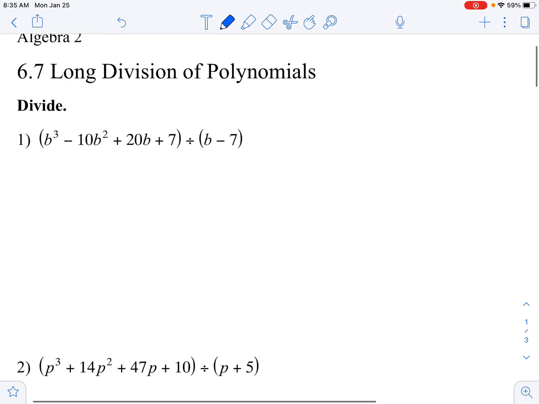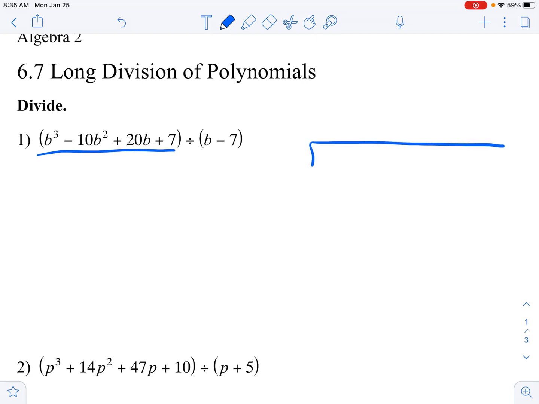What, you say? Okay, so the first term goes inside the division symbol. It is imperative that you do not miss anything as you're writing it. Okay, the b minus 7 goes on the outside.